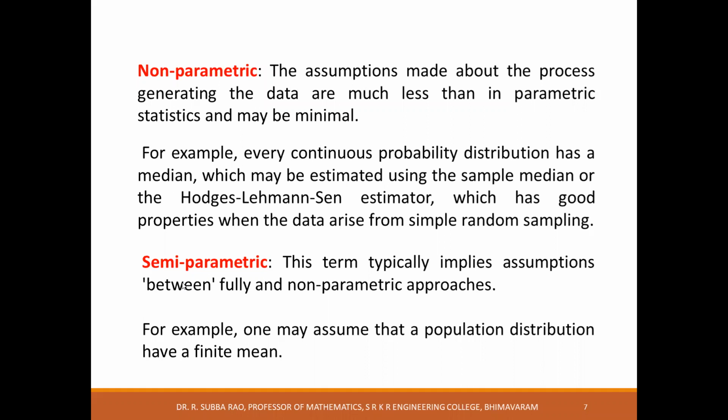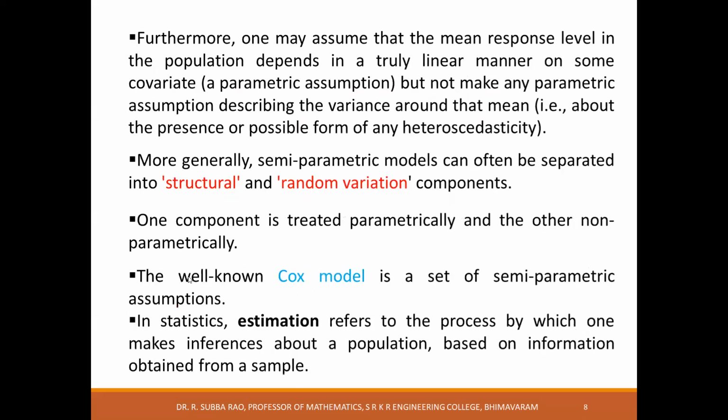Another case is the semi-parametric. The term typically implies assumptions between the fully parametric and non-parametric approaches. Here, one may assume that the population distribution has a finite mean. Furthermore, one may assume that the mean response level in the population depends in a truly linear manner on some covariate, but not make any parametric assumptions describing the variance around that mean.